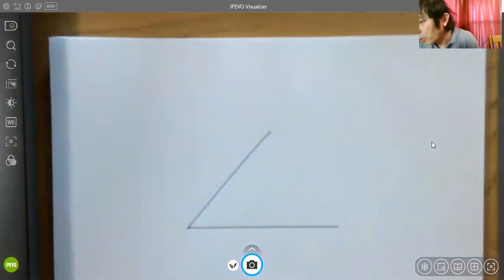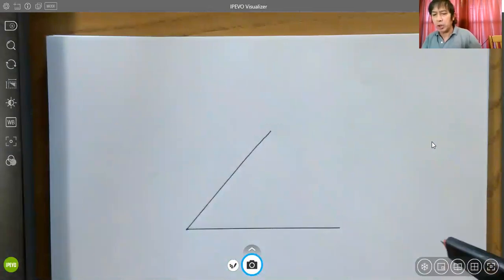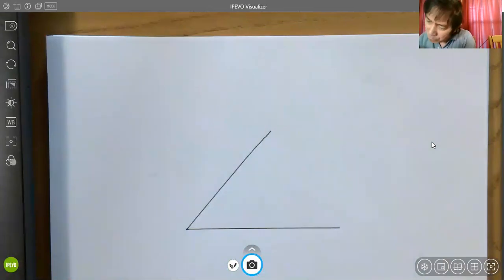Now we're going to split this angle into 2 so that we will have 2 congruent angles. We will have to draw the angle bisector, that particular ray that divides the angle into 2 equal angles. All right, this is how to do it.